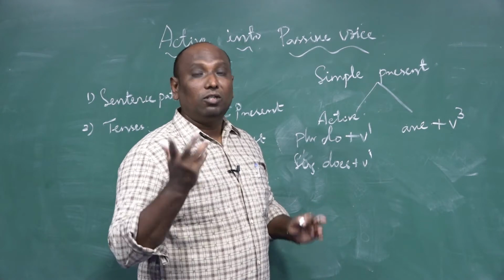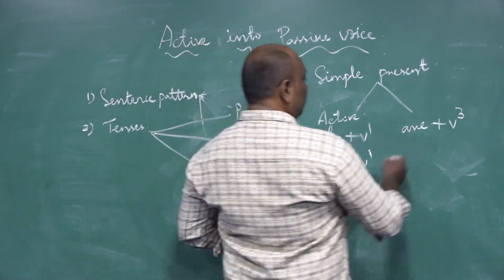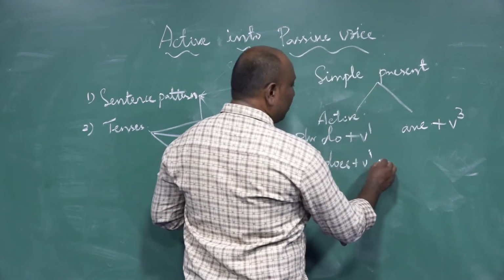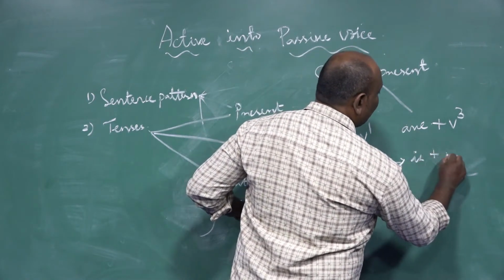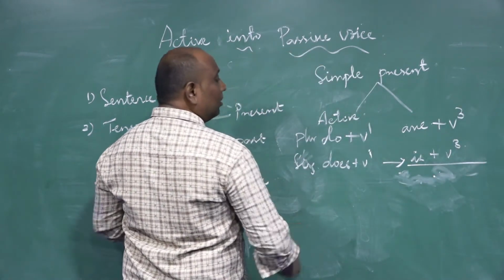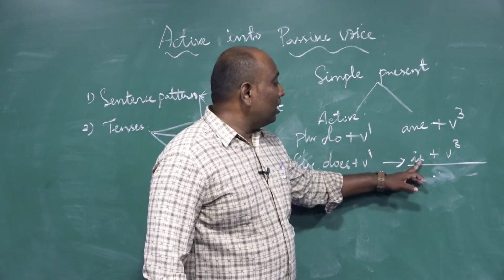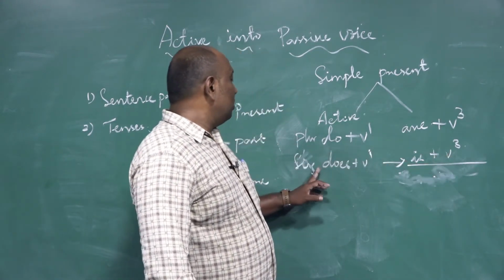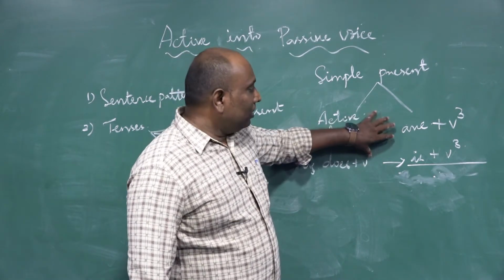Without knowing it you cannot write it, so just keep it in your mind. For a singular subject, it is "is" plus verb third form. In active voice we require does plus verb first form. So this is simple present.